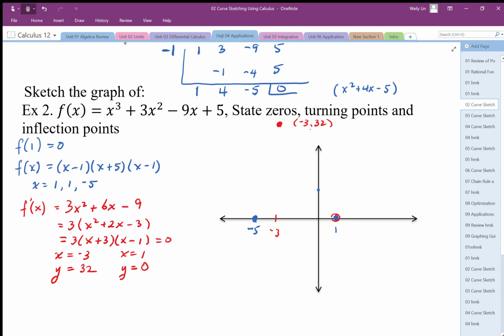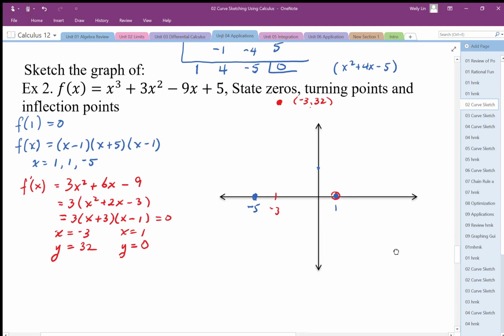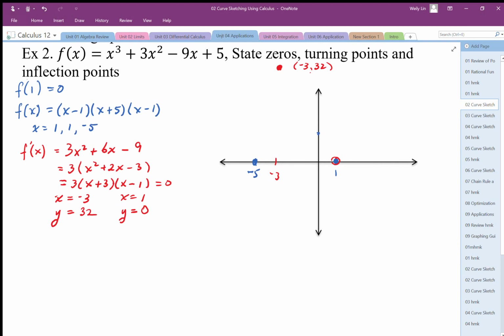Okay, so the last thing that we're adding on that we didn't do before is an inflection point. And I'm going to check for inflection points by finding the second derivative. So my second derivative is 6x plus 6. We want to find out where it's equal to 0. It's equal to 0 at x equals -1.